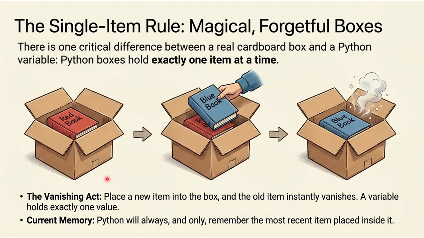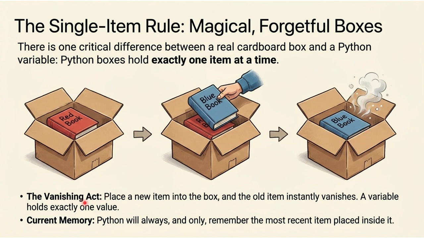So here they have shown it visually. Here is our variable box. First we were having the red book. Next we place the blue book over here. So this cardboard box forgets that there was the red book, and now it only contains the blue book.